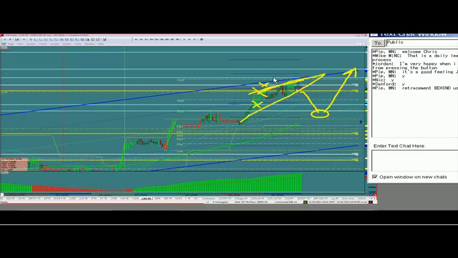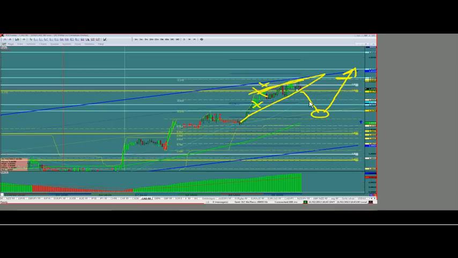They're no longer targets, they are barriers. The target is still 102.08. The real target is 1.0208, and the targets that were here have all been taken, so they're just barriers now.